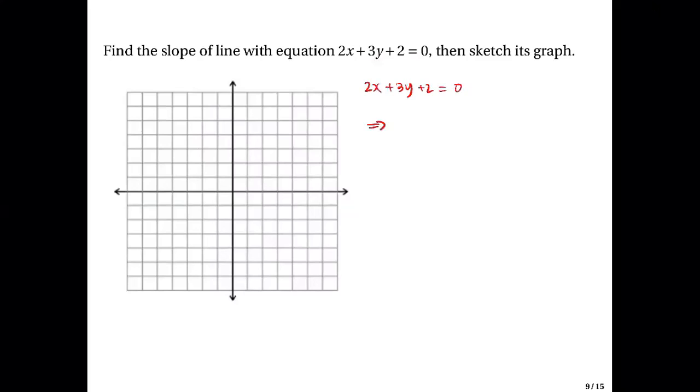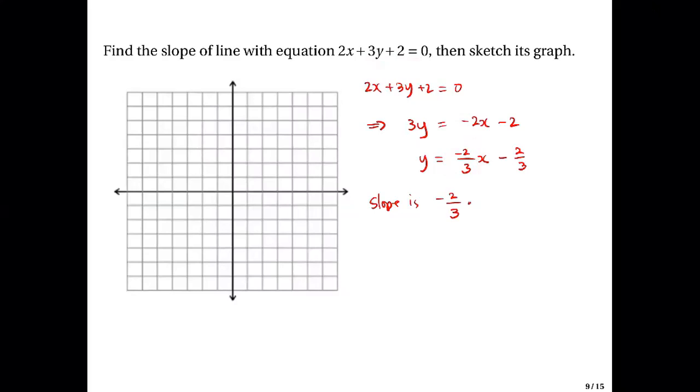This can be written as 3y equals minus 2x minus 2. And your y is equal to -2 over 3 x minus 2 over 3. Okay? So what does this mean? Slope is -2 over 3. That's just the coefficient of your variable x in here.